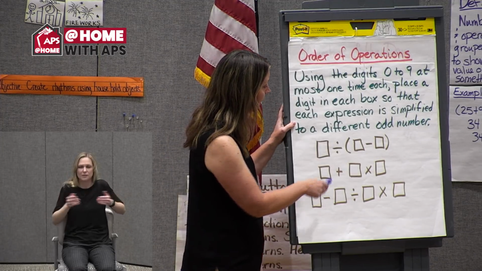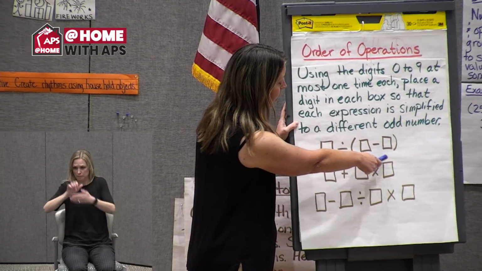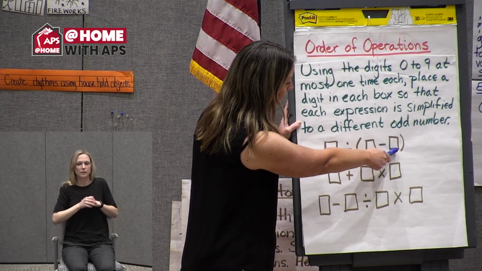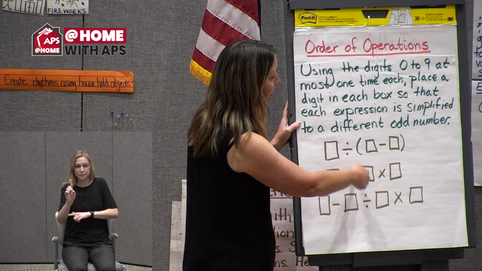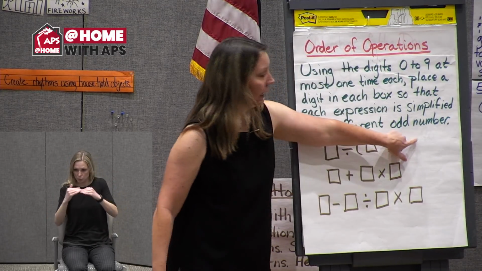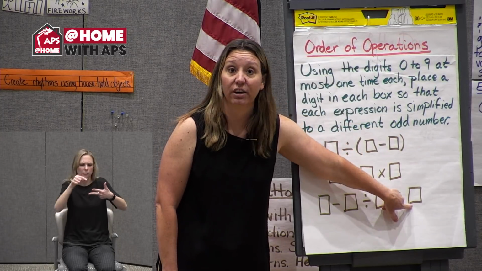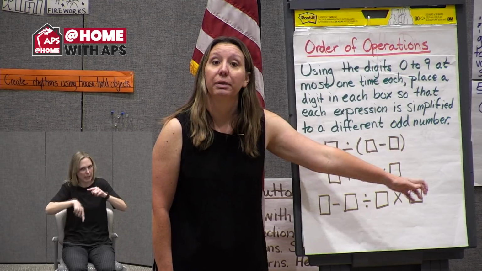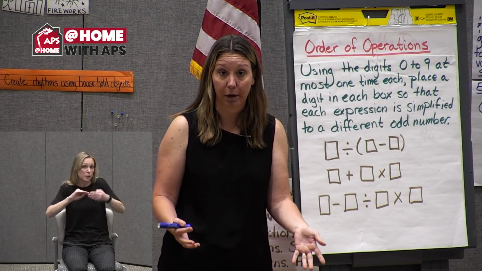So if I put in here 5 divided by 2 minus 1. So we have 2 minus 1 equals 1. 5 divided by 1 is 5. So if I have an answer of 5 here, I can't have an answer of 5 here or 5 here. My answer has to be a different odd number. So let's try this out.